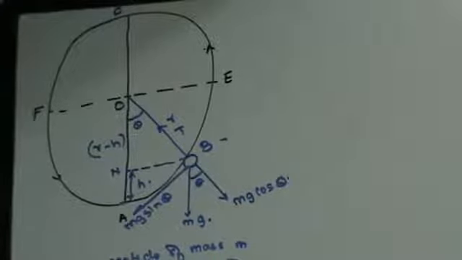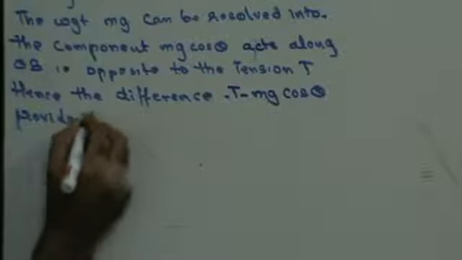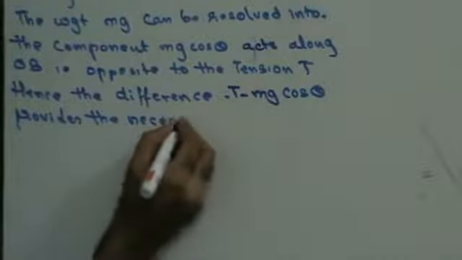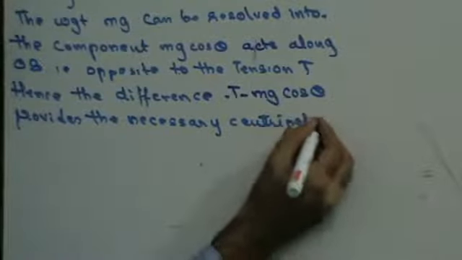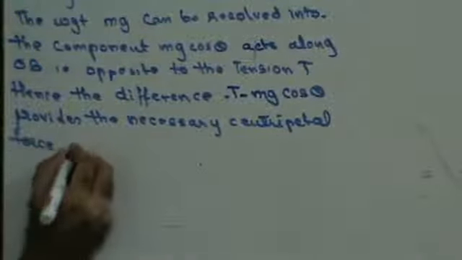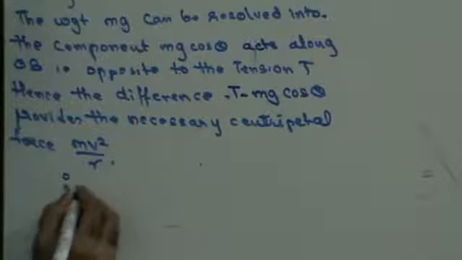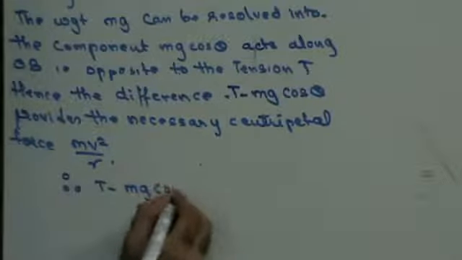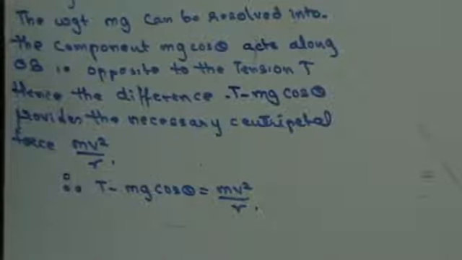Hence the difference T minus mg cos theta provides the necessary centripetal force, mv square by r, right? Therefore I can say that T minus mg cos theta is equal to mv square by r, right? Where v is the velocity of the particle at point B.